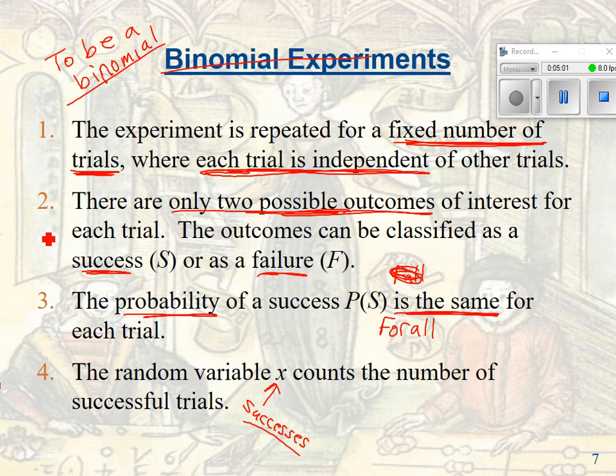So if the probability of the first trial is 1 out of 5, the probability of every other trial has to be 1 out of 5. And then number 4, the X, we're just using the X to be the number of successful trials, or how many successes we're looking for. That's what makes something a binomial distribution instead of just any of the other distributions that we've been talking about.